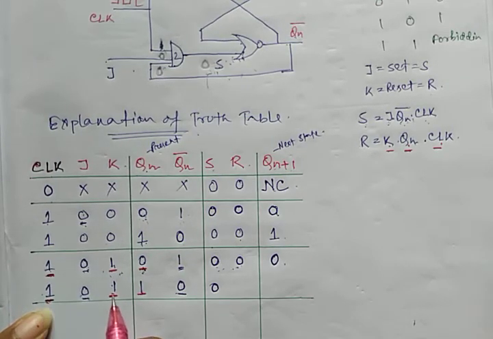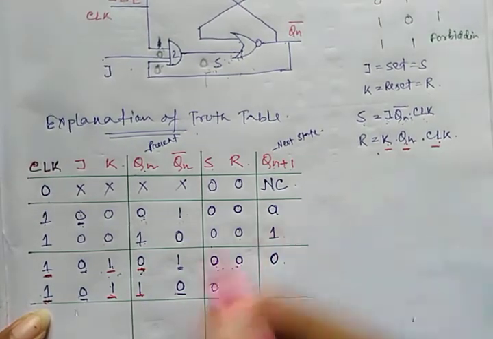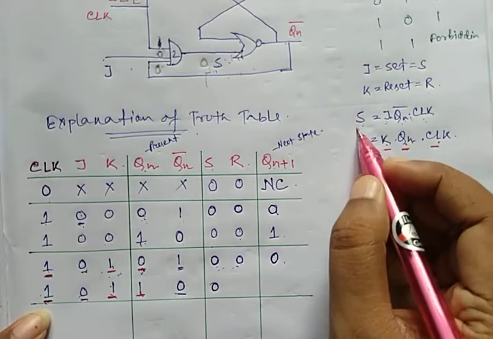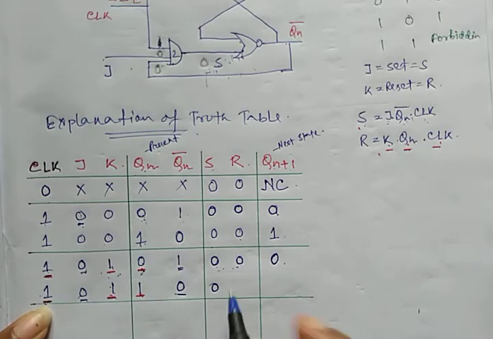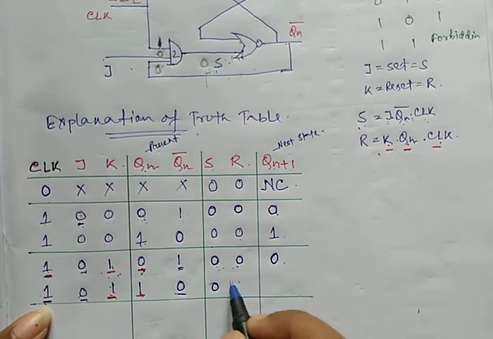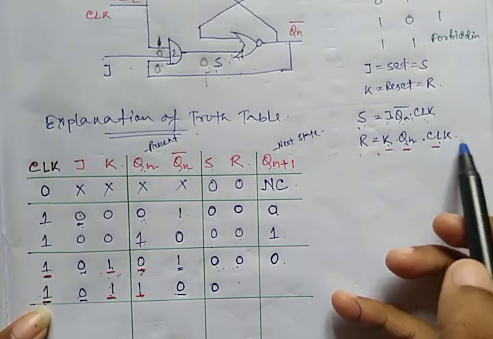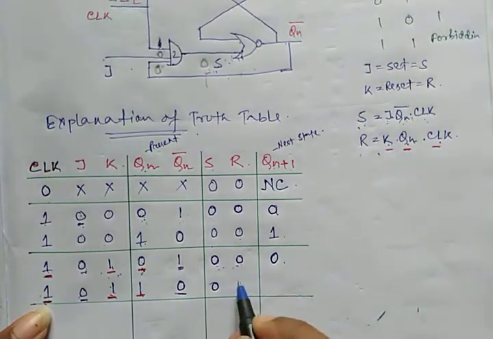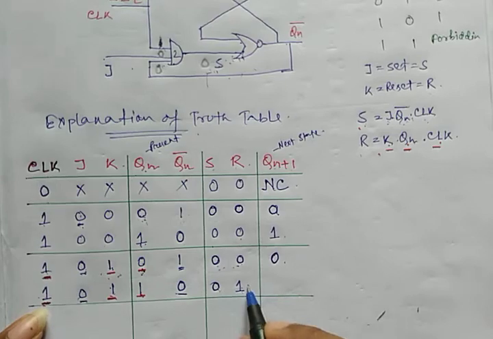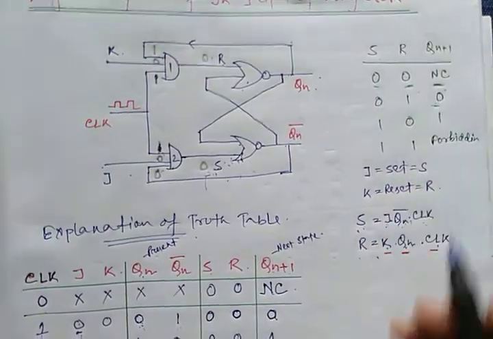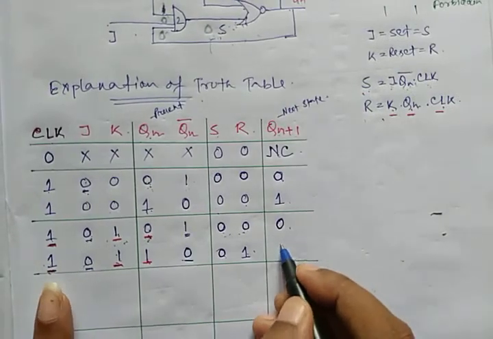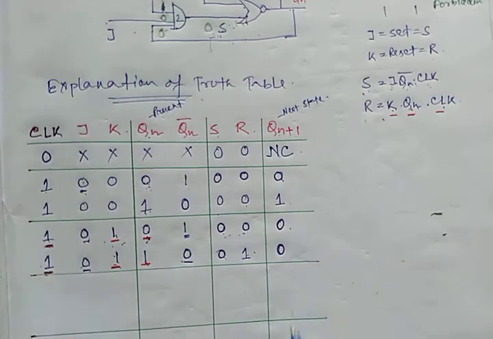I am marking here red, which is for R, and marking here blue, which is for S, and clock is in both the cases. So 1 1 1 means we get R as an input because R is the AND operation of these three inputs. So we get here 1. So 0 1. For 0 1 the NAND latch output is 0. So here output is 0.